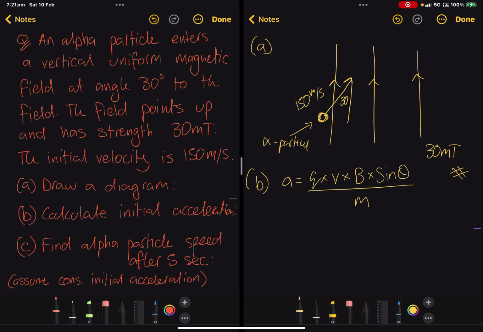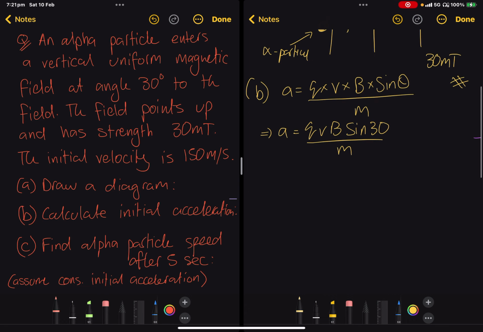Now when we set up this formula, we said that theta was the angle between the velocity vector and the magnetic field vector. And so that means in this case, 30 is theta. So this gives us immediately an acceleration equal to charge times velocity times field times sine of 30 divided by mass. So now we just need to plug everything in and then solve.